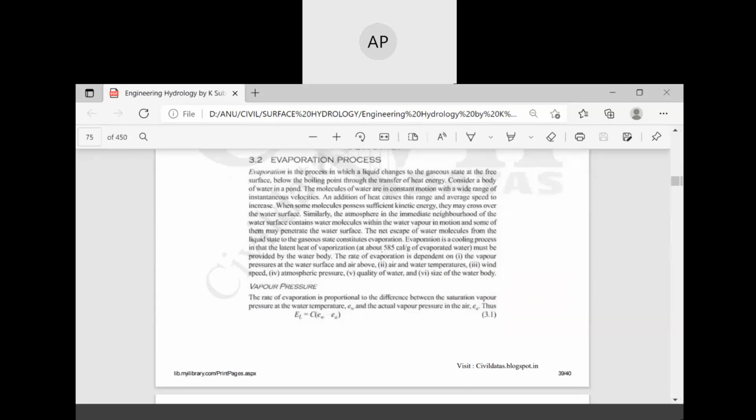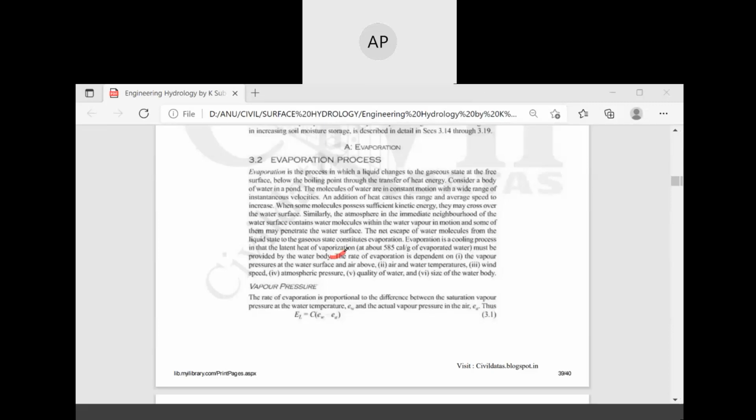So the rate of evaporation depends on the vapor pressure, the water surface and air and water temperatures, wind speed, the atmospheric pressure, quality of water, size of water body, etc. So what is vapor pressure?